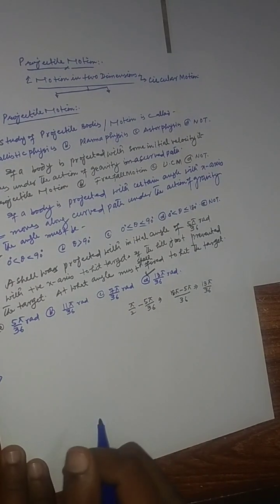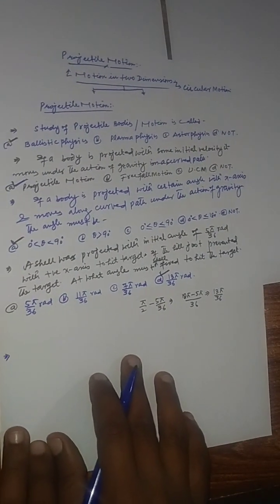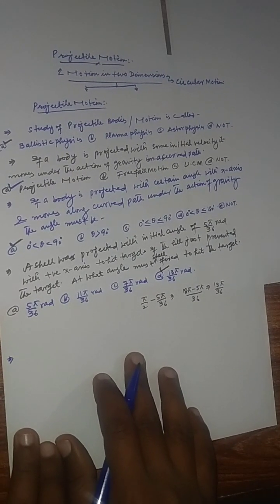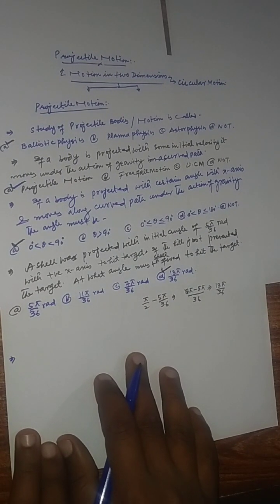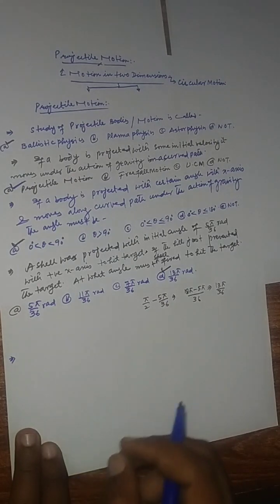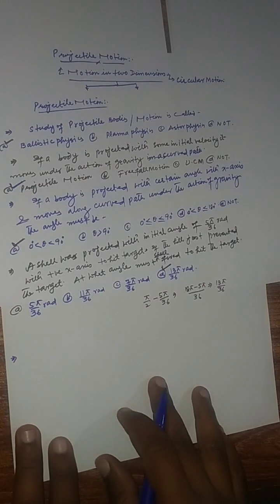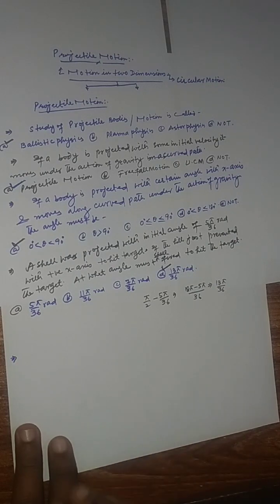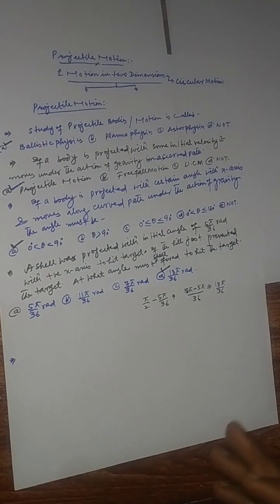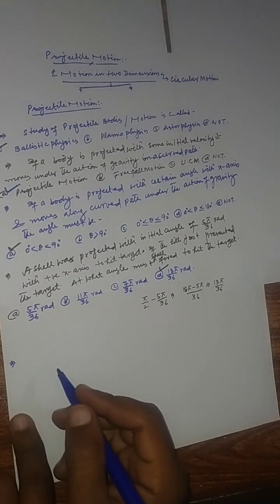Then it must cover a distance in the horizontal direction as well as in the vertical direction, and all the components must be horizontal and vertical, except acceleration. For projectile motion there are certain conditions. We will not discuss these conditions here because we only discuss the MCQs.